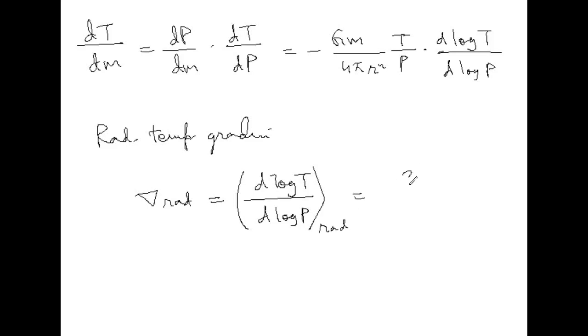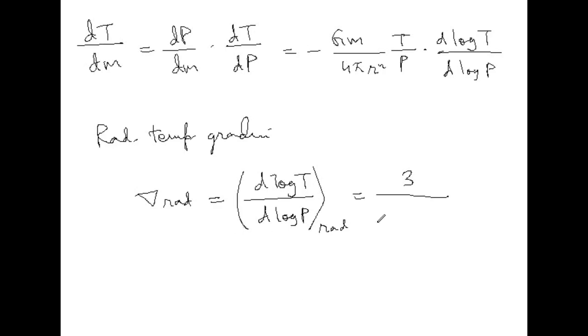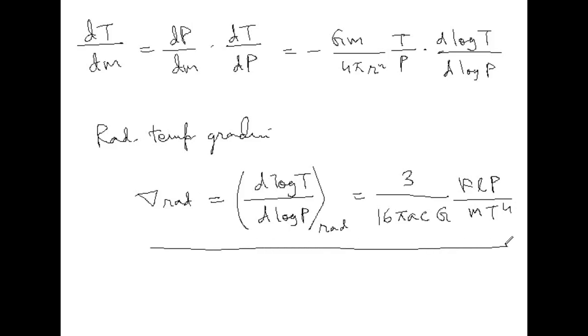Its value is basically, using the previous relation, we can write it down: 16 pi a c G kappa L P divided by m into T to the power 4. This is also very important and you have to remember this.